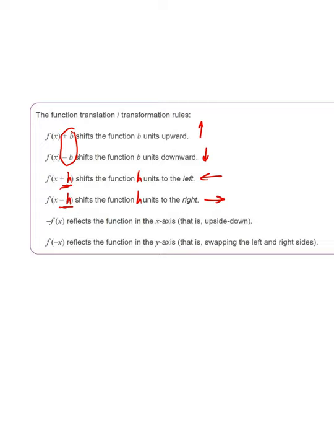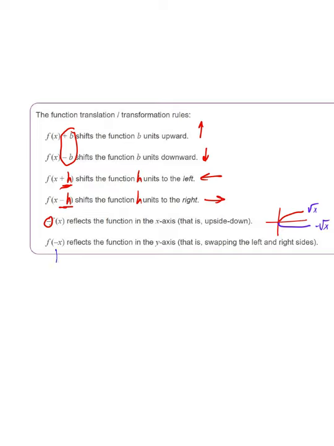And then the negative out front is the reflection over the x-axis. So the negative out front is what we call a vertical reflection. So that would be like this to this. That would be the vertical reflection if we had, in this case, the root of x function. So that's the negative up front.